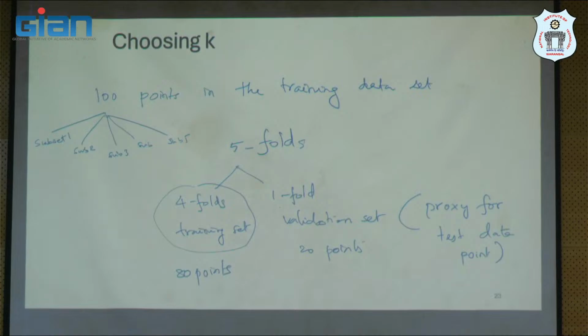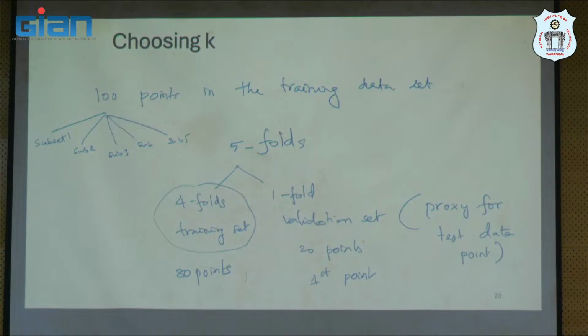So I will pick the first point in this set, my first test-like point from the validation set, calculate the distance of this first point with the 80 points, sort them in ascending order based on distances, choose k equal to 1 and assign a label.